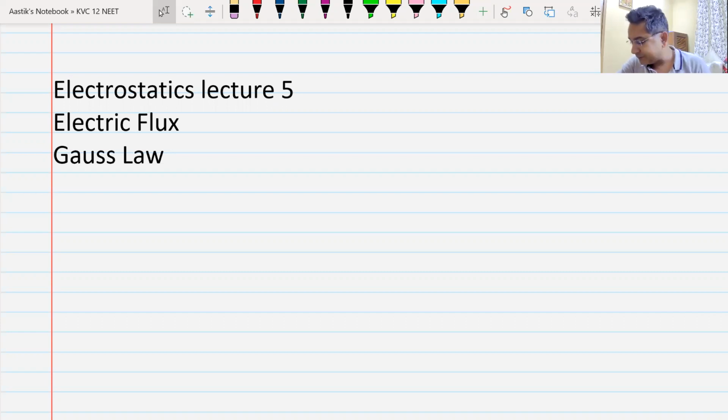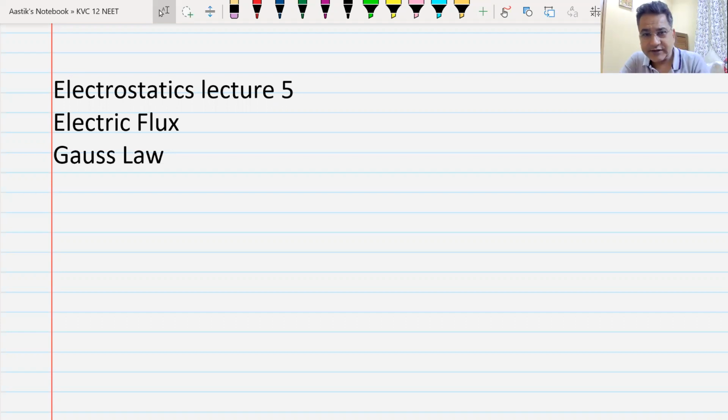We have dealt with the electric lines of force and we are now into electric flux. In the last class we had seen the properties of electric field lines, how they are drawn. A tangent drawn gives us the direction of electric field.